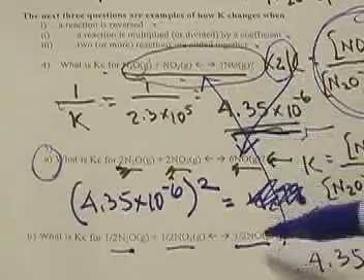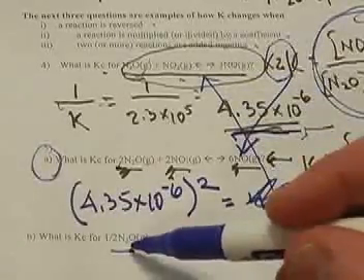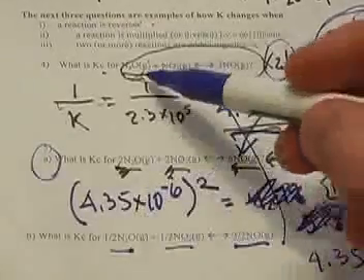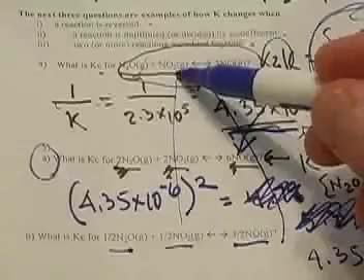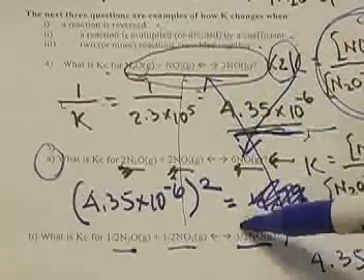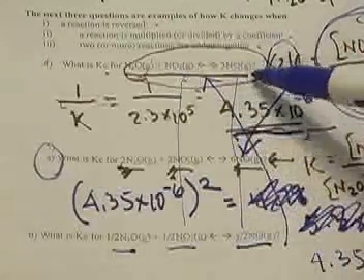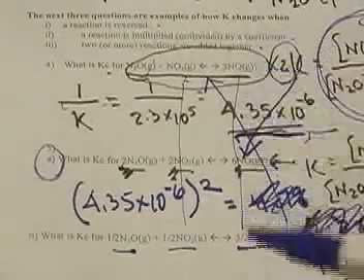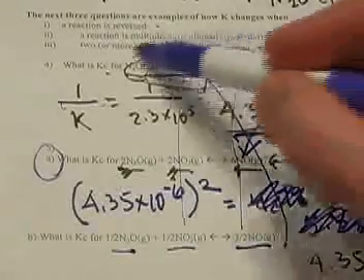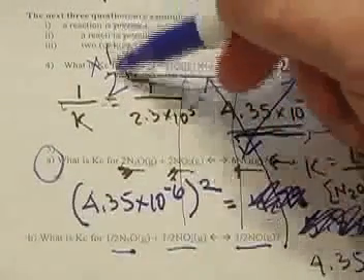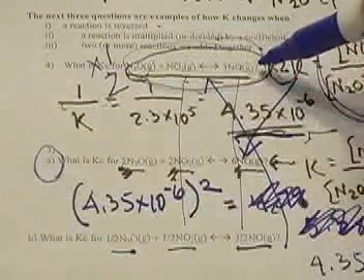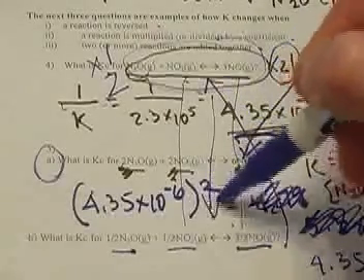Notice this time we only have 1/2 N2O, we only have 1/2 NO2, and we only have 3/2 of NO. In other words, what we've done is we've taken this reaction up here and multiplied it by 1/2 to obtain this reaction down below.